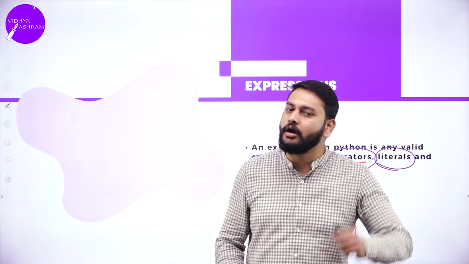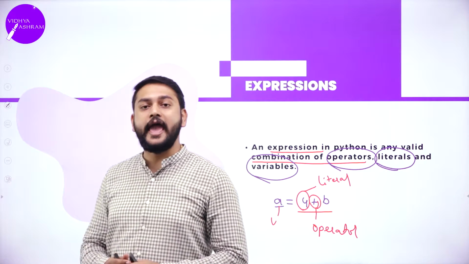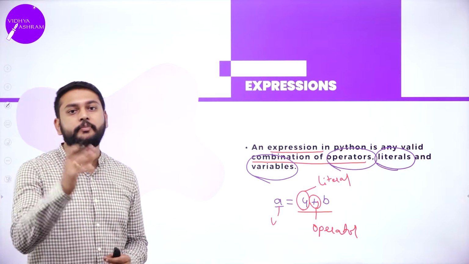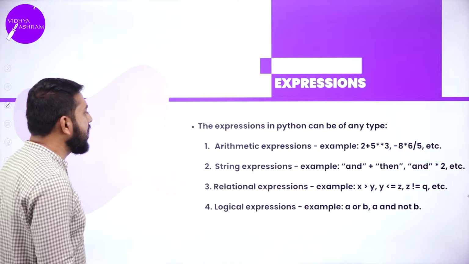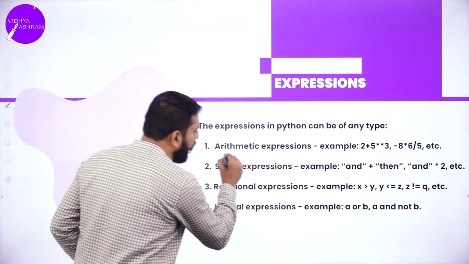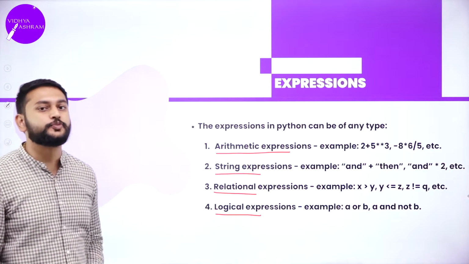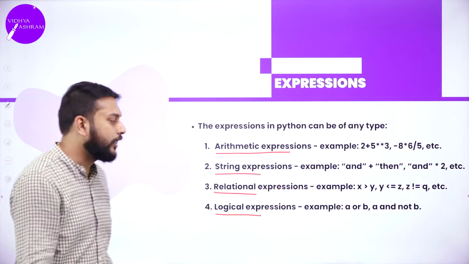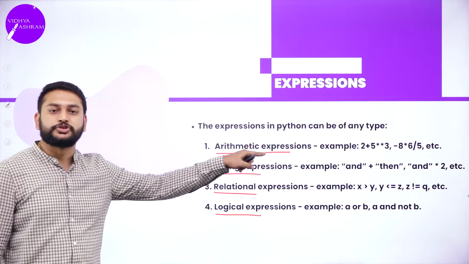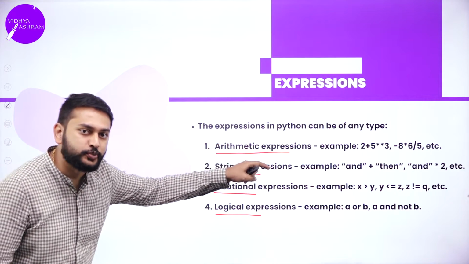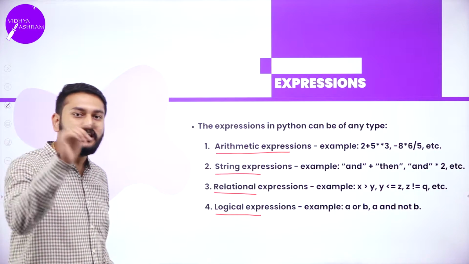Let us understand how many different types of expressions we have in Python. We have 4 different expressions in Python. The first one is arithmetic expression. The second one is string expression.